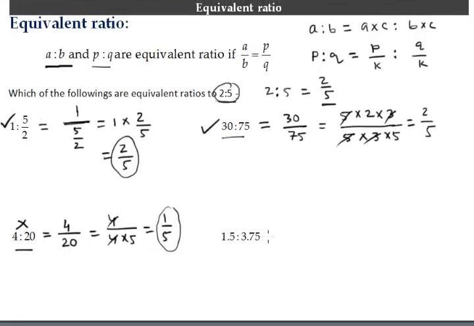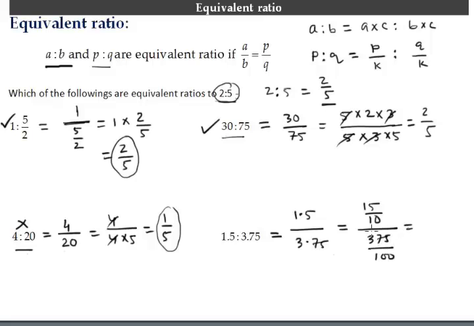Let us do this last one. Here 1.5 ratio 3.75. So its fraction equivalent will be 1.5 divided by 3.75. Now 1.5 can be written as 15 divided by 10, and 3.75 can be written as 375 divided by 100.